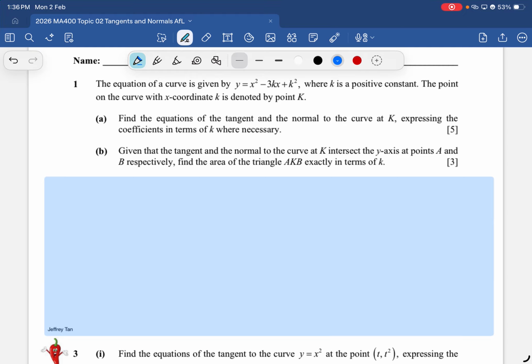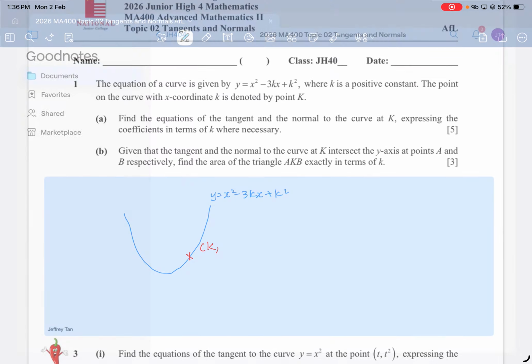Your A is wrong. Your B is wrong. Your A answer is there. Negative kx is the tangent. This one is the normal. Why is it minus 1? Part A, second part. Is it? Minus 1. Oh, yeah.